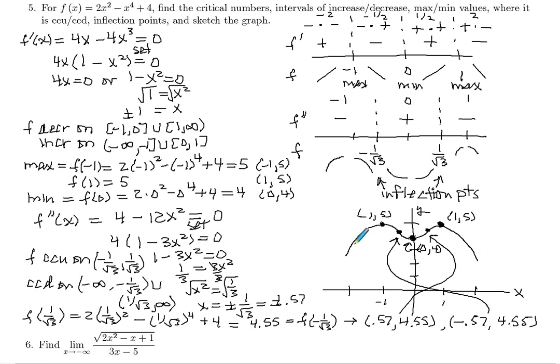And our intercepts out here where it hits the x-axis, those could be helpful too. You would set this function equal to 0, but that doesn't really factor very nicely. If you set x equals 0, you get y equals 4, which is our minimum point.